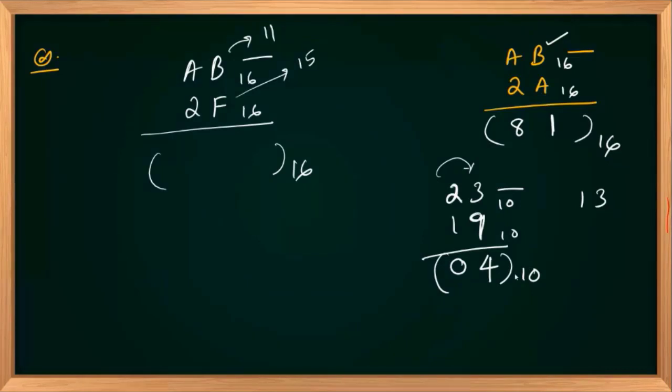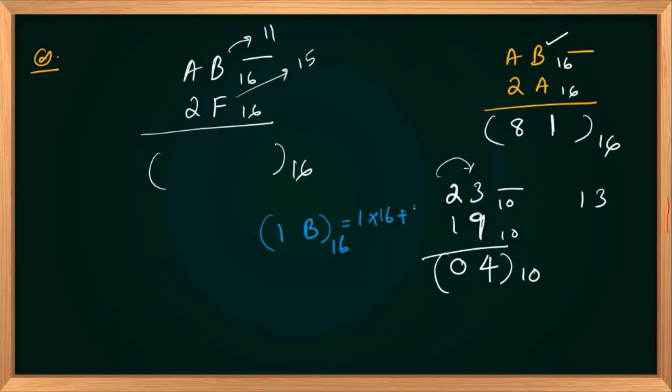Similarly, if you are trying to subtract F from B, you should take a borrow from the next higher digit. So the B will become 1B, right? Then you should subtract F. What is 1B? 1B base 16 is nothing but 1 into 16 plus what is B?